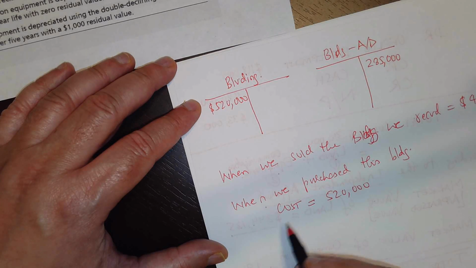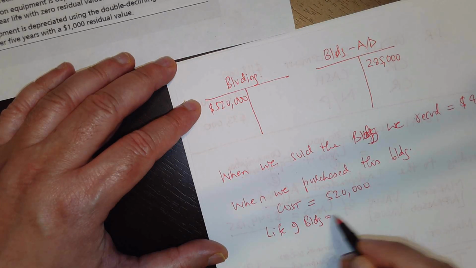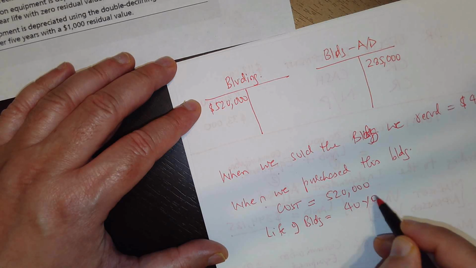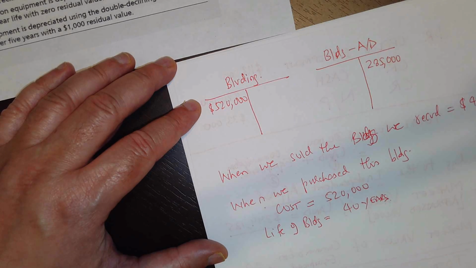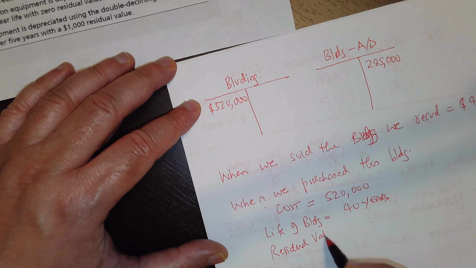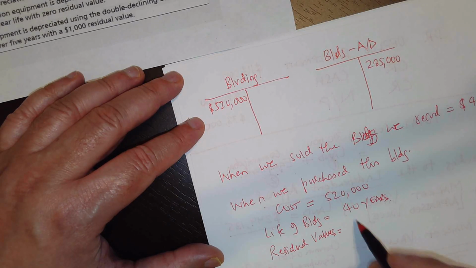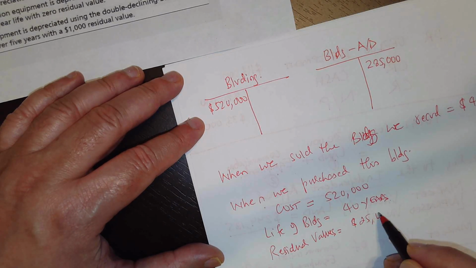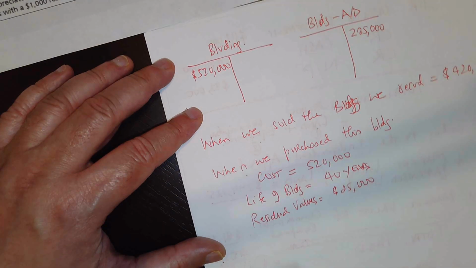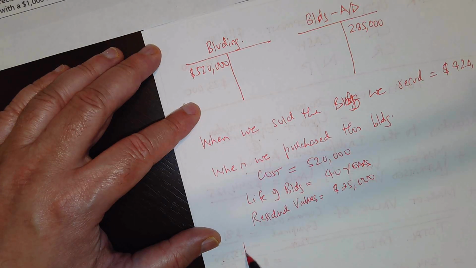The life of the building was 40 years, and the residual value after 40 years was how much? $25,000. So how much depreciation expense are we going to have every year?